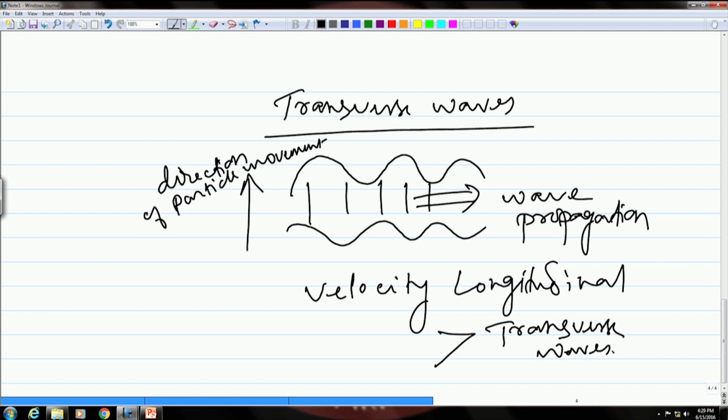Okay. This is due to the difference in the movement of particles with respect to the direction of wave propagation.